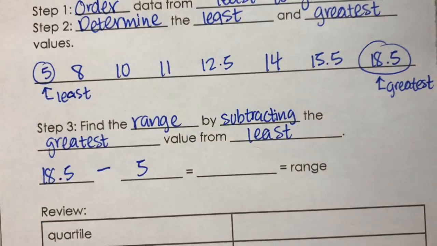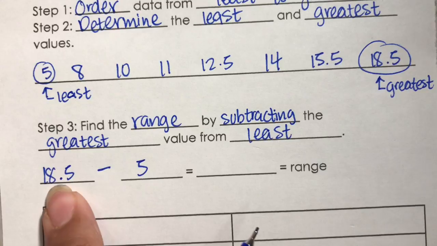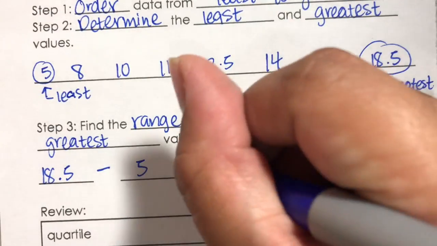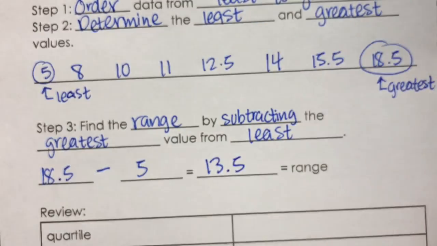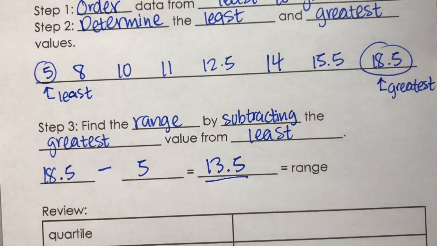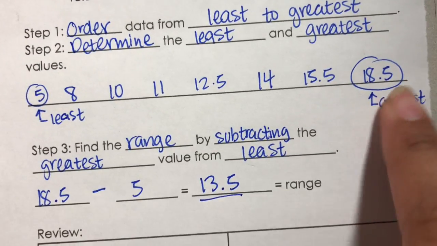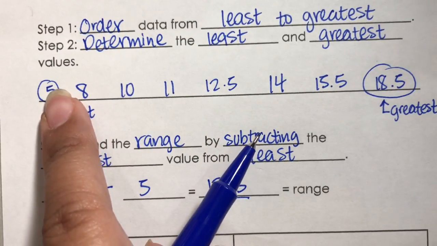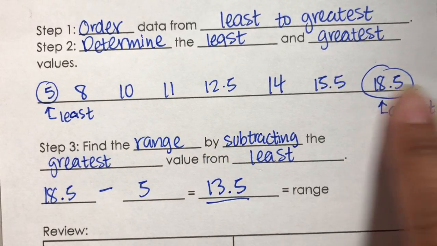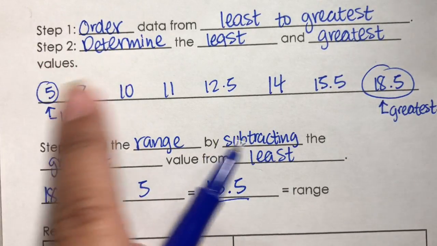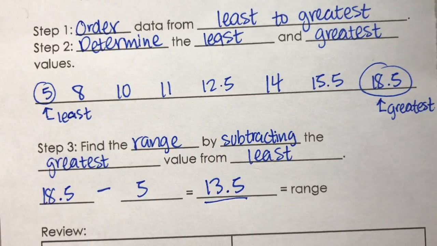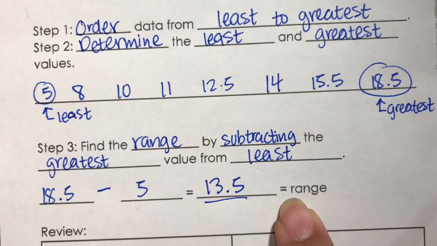So all we have to do is subtract: 18 and a half minus 5 is 13 and a half. And that is our range. That is all we have to do: take the least value number and subtract it from the greatest value number. I apologize. So take your smallest number and subtract it from your biggest number. That is all you need to do to find the range of a data set.